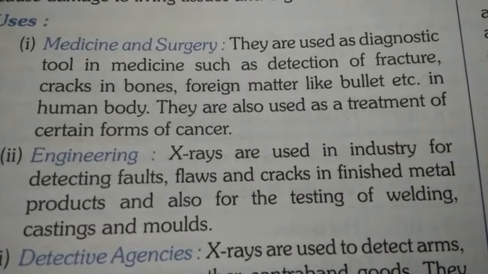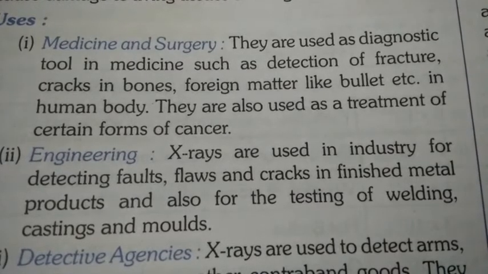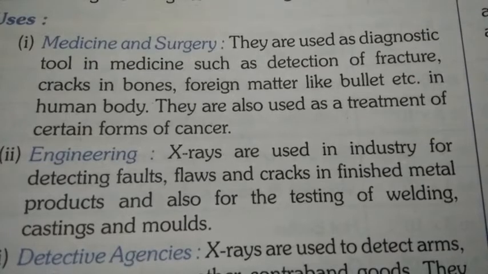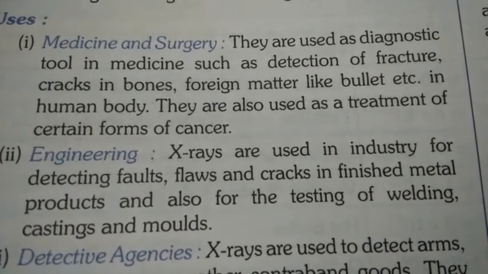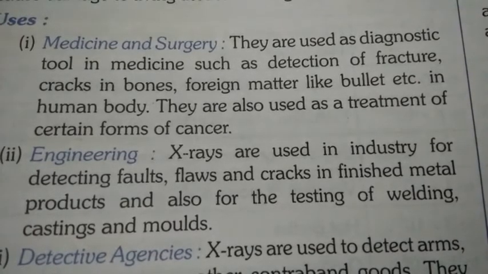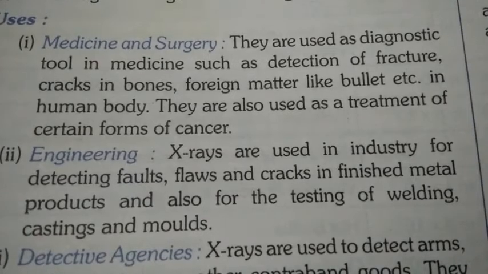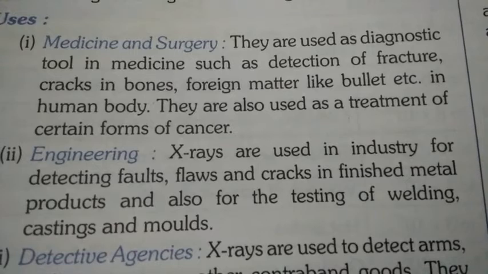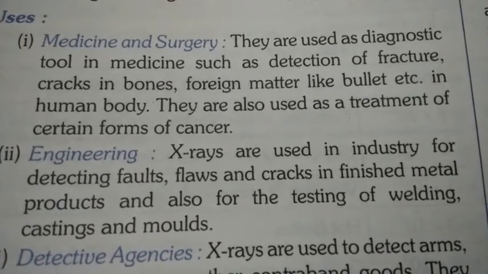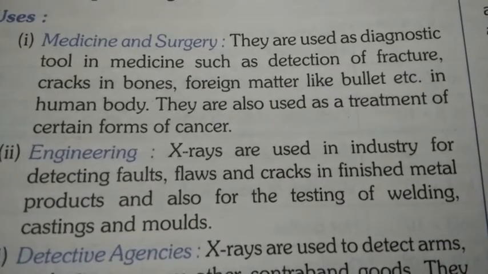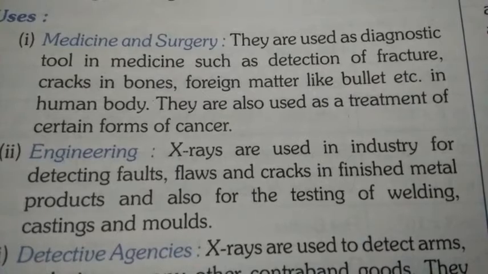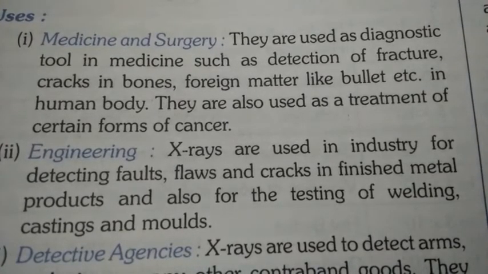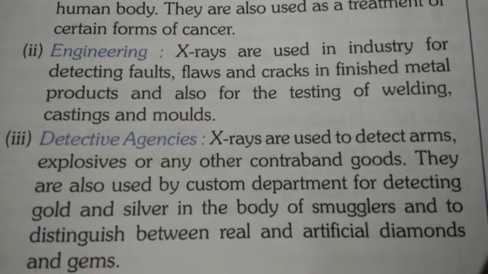Likewise they cannot penetrate bones, but if there is any fracture or crack in a bone, they penetrate from that place, and we get an image in which we can see where they are penetrating. So they give a very clear picture of what is inside our body. They are also used as a treatment of certain forms of cancer. Second is engineering.